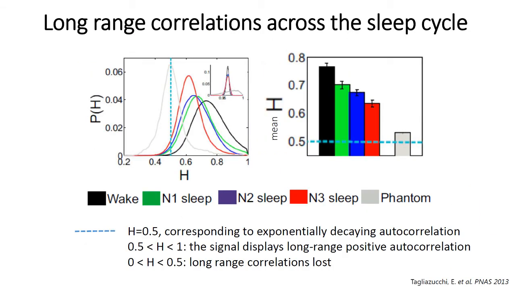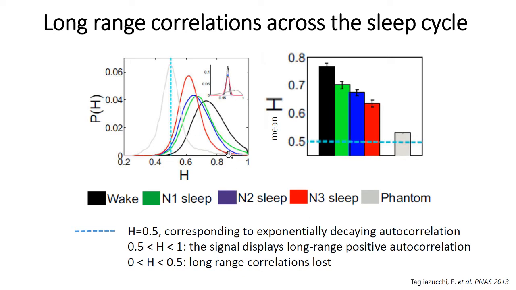So this is what happens for the whole brain. This is a histogram of the values of the Hurst exponent across the whole gray matter of the brain. The black plot is the histogram you get in wakefulness. You see that most voxels have a Hurst exponent larger than 0.5, meaning that there are signals with long-range positive autocorrelation in those voxels.